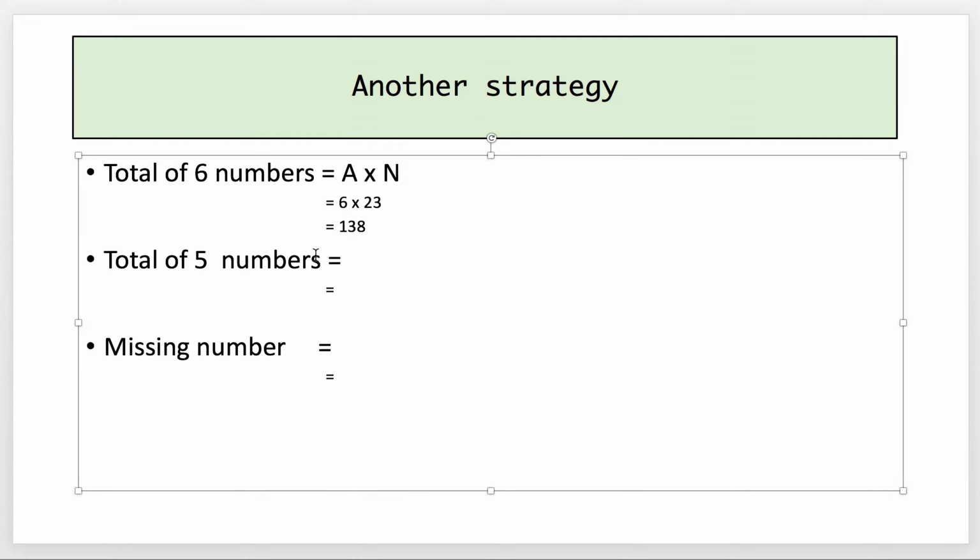Now we're going to do the total of 5 numbers. However, this changes a bit, because what we're going to do is put in all our totals and write that in.